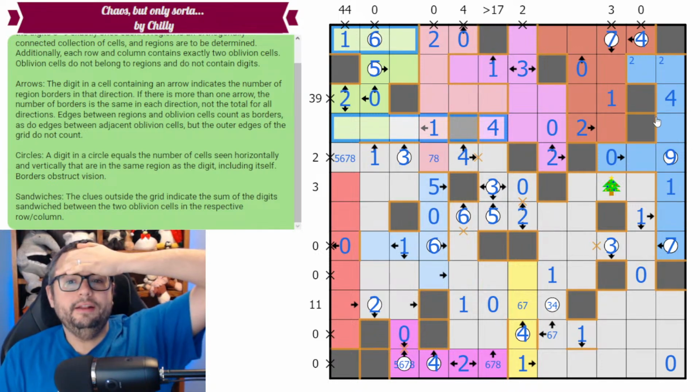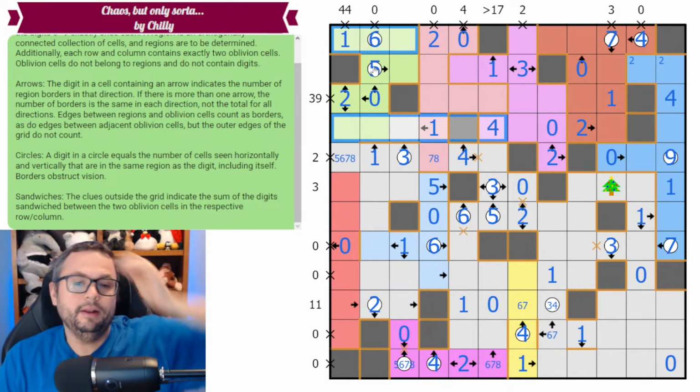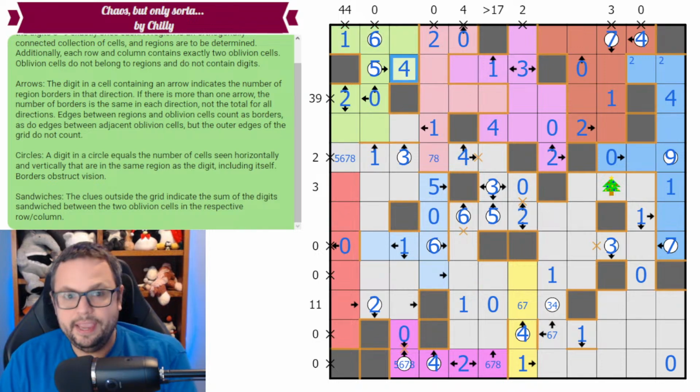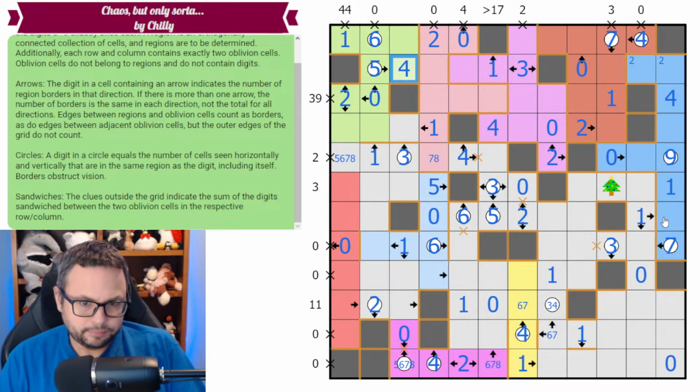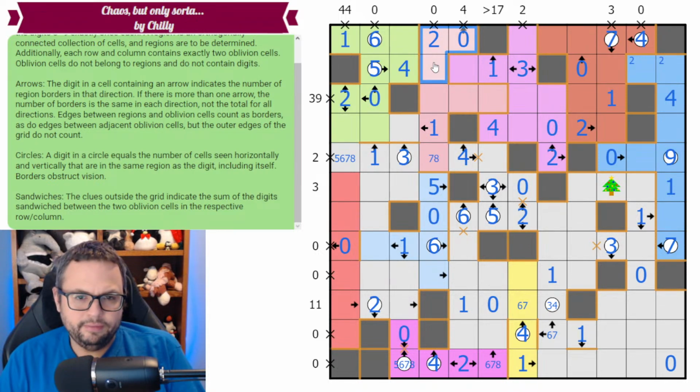Ah, green needs a 4. And Lakia has discovered that the only place green is getting a 4, given that green is growing by 1 cell, is here. Agree. How many cells does human flesh have left to grow? 1, 2, 3, 4, 5, 6, 7, 8.